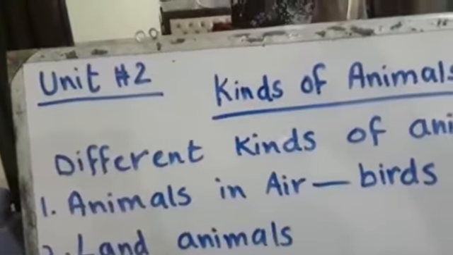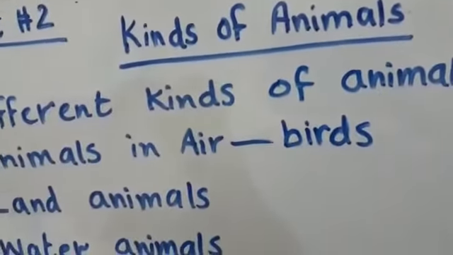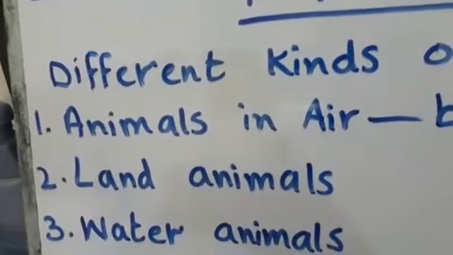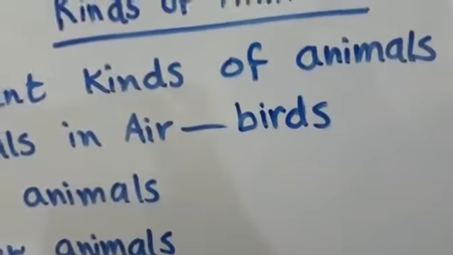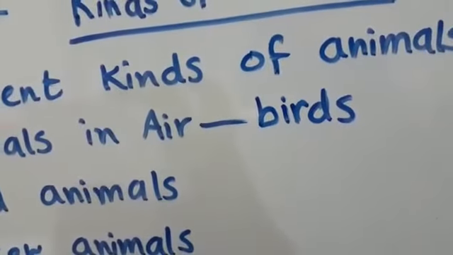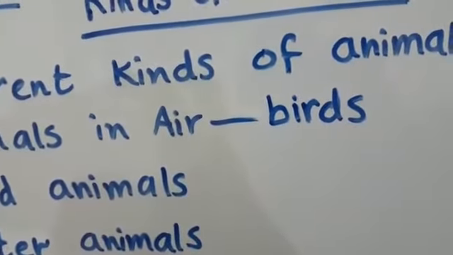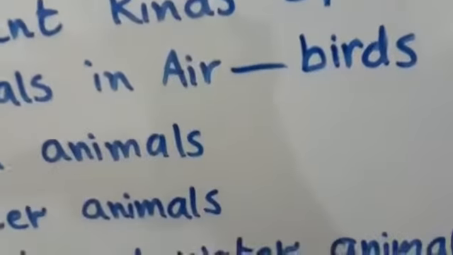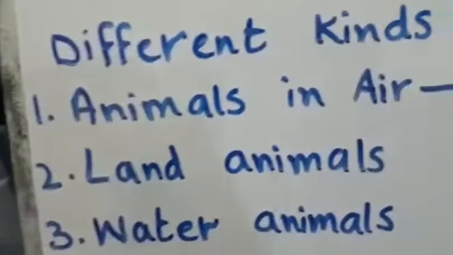Okay, different kinds of animals are there on our earth. First one is animals in air, meaning birds. Animals that live in air, birds, as well as they live on earth. Number 2, land animals.